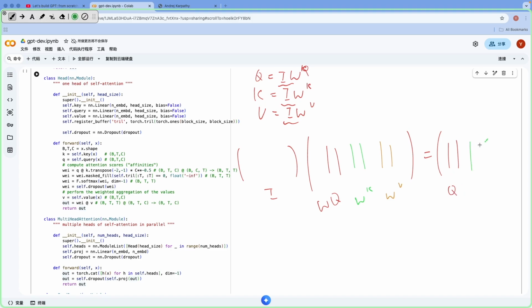The second part is only relevant to the WK. And the third part is only relevant to the WV. So we can actually initialize only one big matrix and then cut it into small pieces.